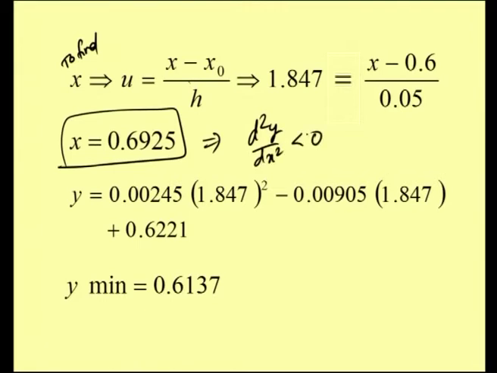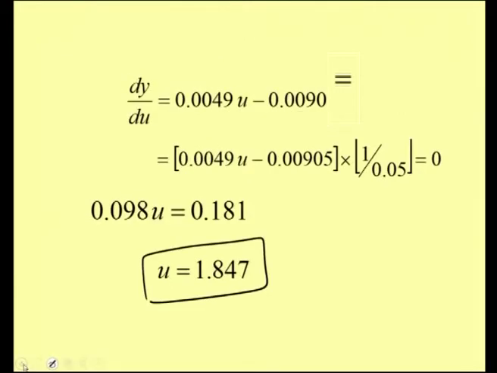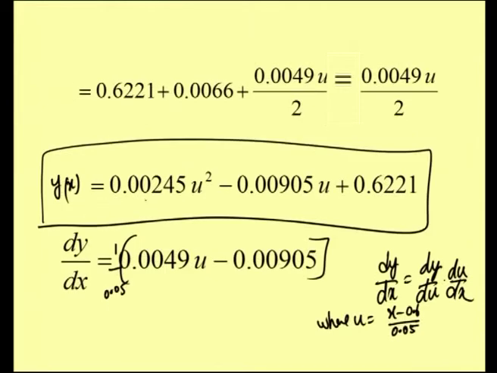D square y by dx square is found using the d square y by dx square formula at x equals x naught. Take this x equal to 0.6925 and substitute in the y value, but actually y is in terms of u, isn't it? y is actually 0.00245 u square minus 0.00905 u plus 0.6221.